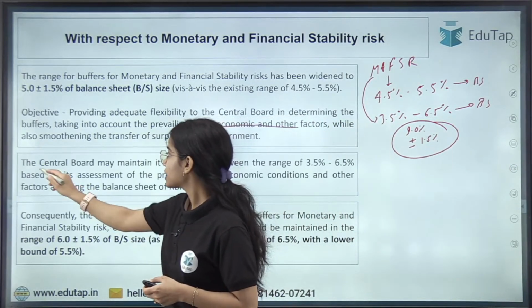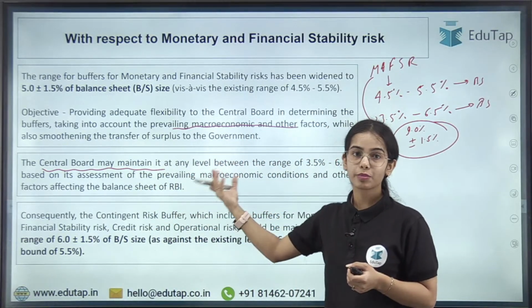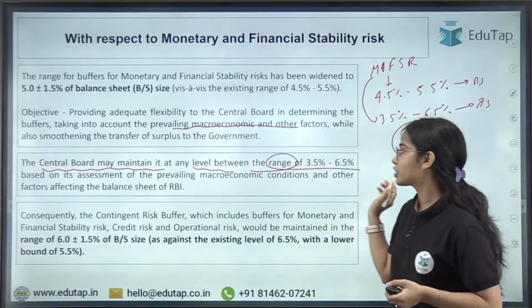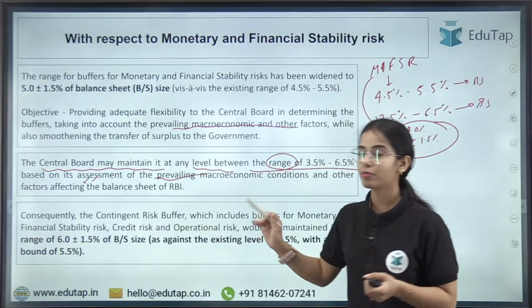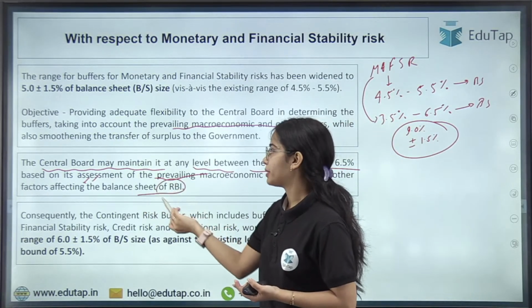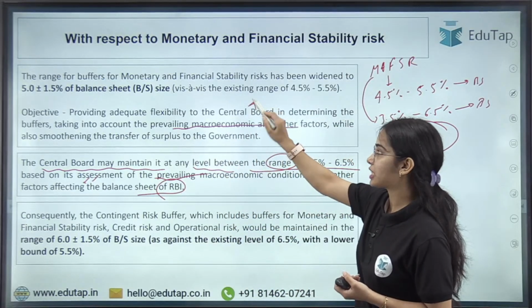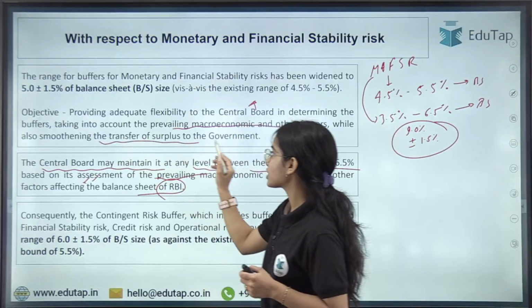So here, the central board may maintain the monetary and financial stability risk buffer at any level between the range of 3.5% to 6.5% based on its assessment of the prevailing macroeconomic, financial and other factors affecting the balance sheet of the RBI. This is providing adequate flexibility to the central board while also smoothing the transfer of surplus to the government.